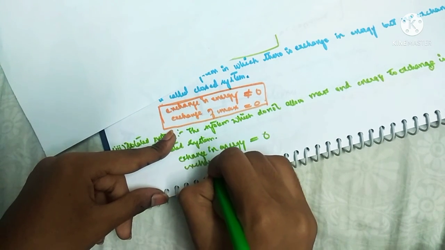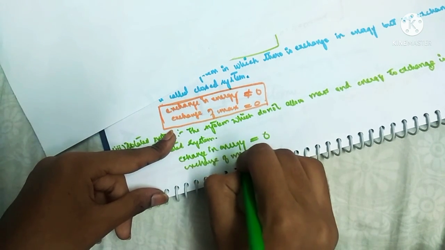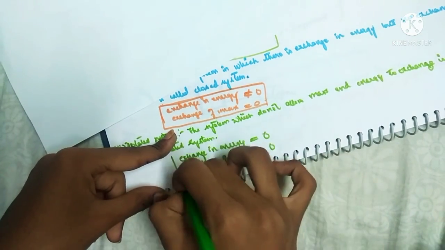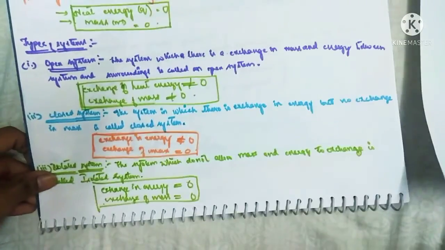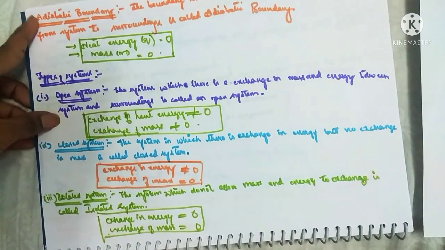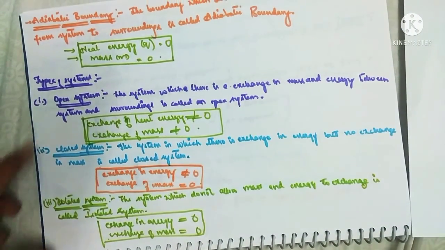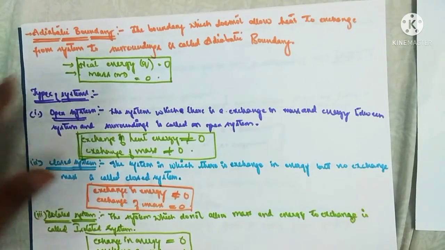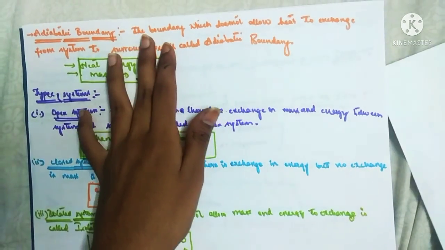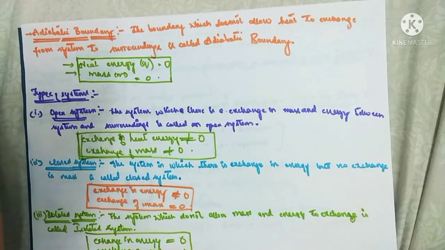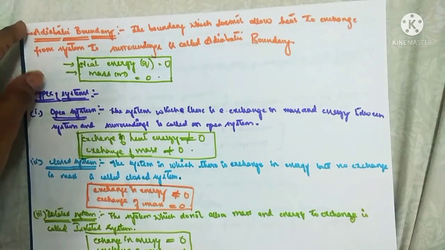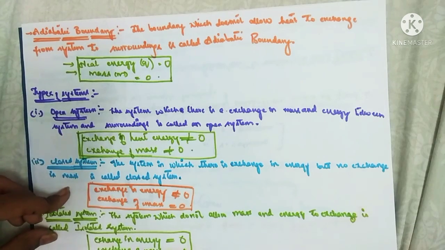Exchange of mass is also equal to 0. So if you observe, the isolated system is the same as the adiabatic system, because in adiabatic boundary also the boundary doesn't allow heat and mass to exchange. So adiabatic boundary and isolated system are both alike.